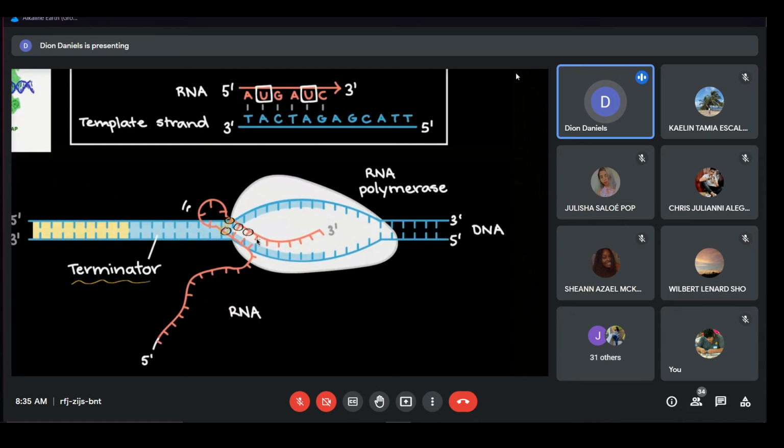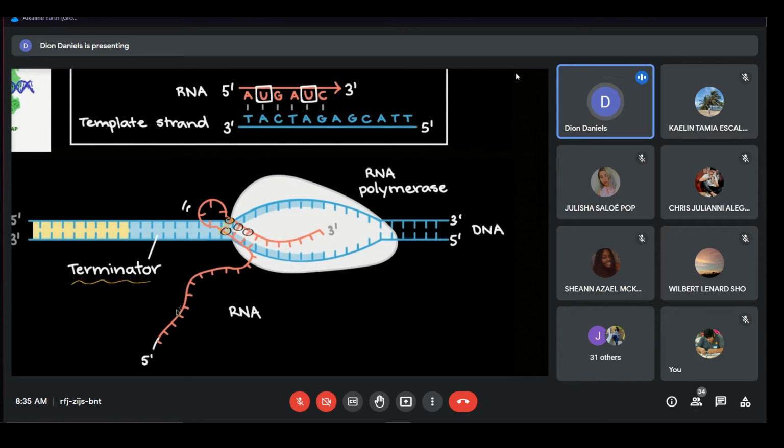And so the complex changes a little bit, and so it lets go, or at least that's how people believe it. There are other forms of how the terminator can act. It might be sequences that parts of the polymerase complex recognize, and it makes a conformation change so that the RNA polymerase lets go.